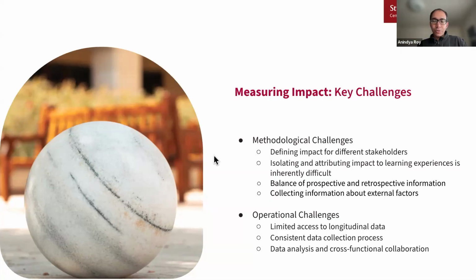And we also want to collect more information about external factors, external to the learners. That's not something done conventionally as often as we want to see. In terms of operational challenges, we often have limited access to longitudinal data.